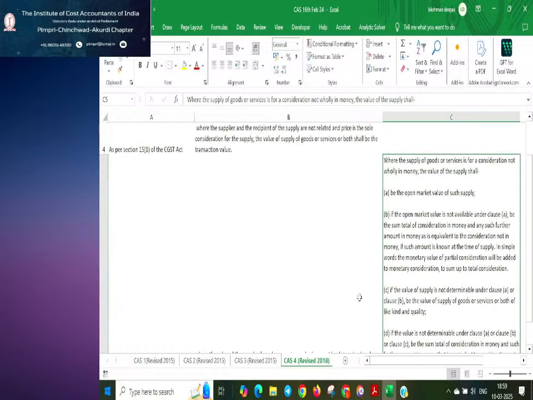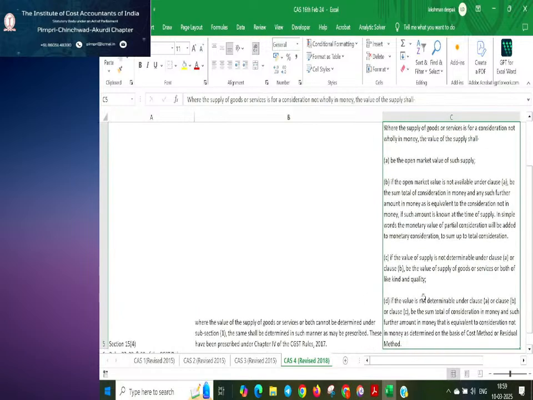So these are all clauses under which, if the value is not determinable under A or B or C, then it will be the equivalent to consideration not in money as determined on the basis of cost method or residual method.